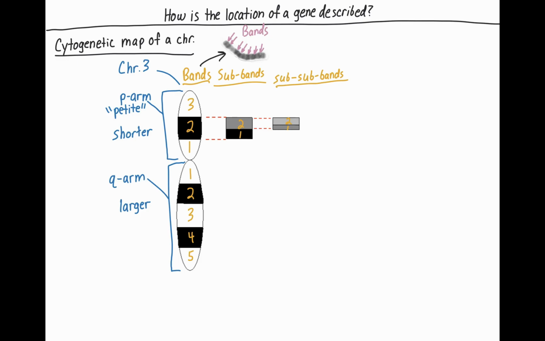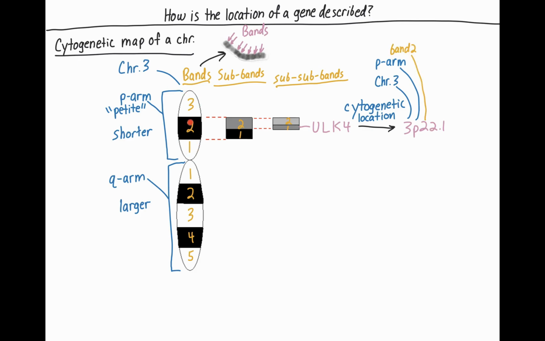If we wanted to describe the cytogenetic location of the ULK4 gene, which is found here, we would say its location is 3p2.1 for chromosome 3 on the P arm in band 2, in subband 2 of band 2, in sub-subband 1 of subband 2.